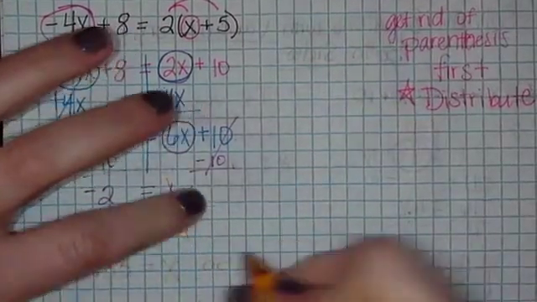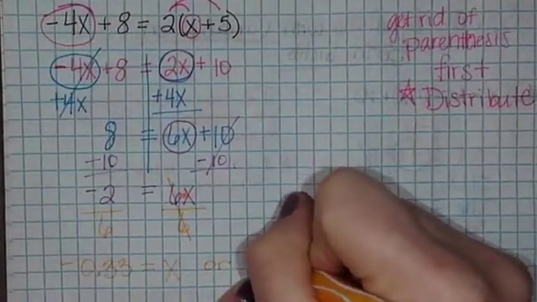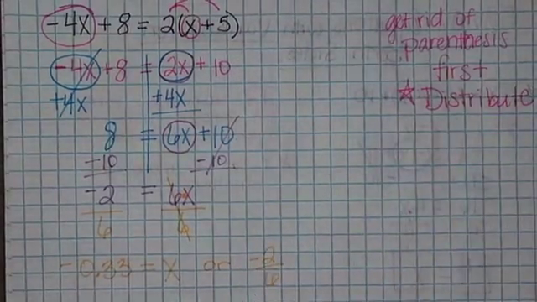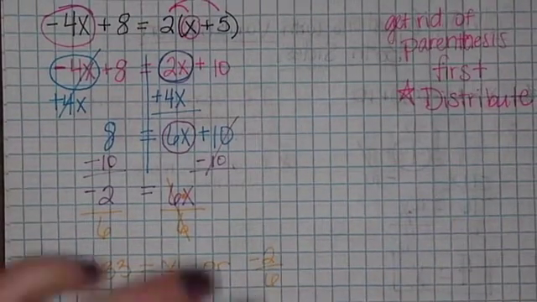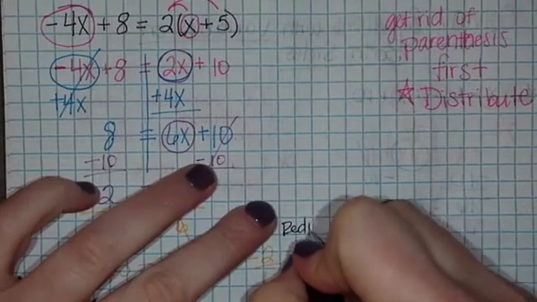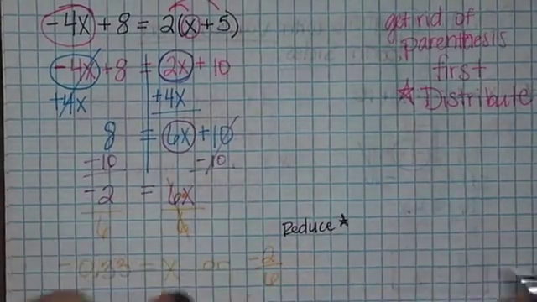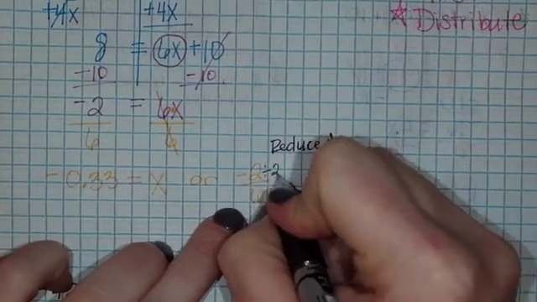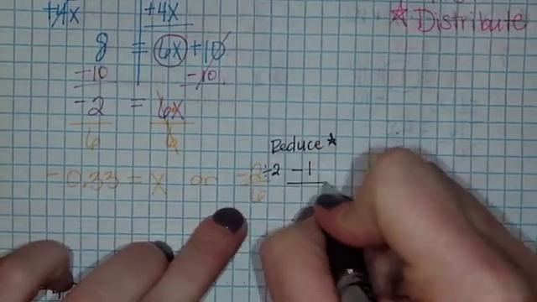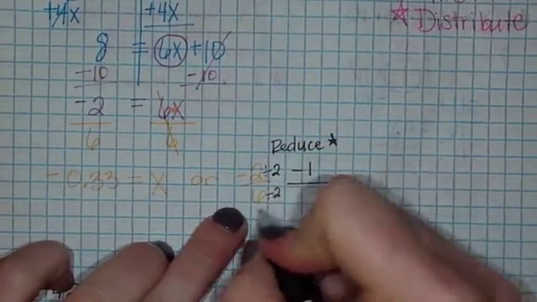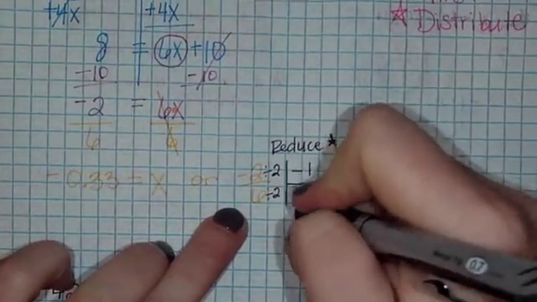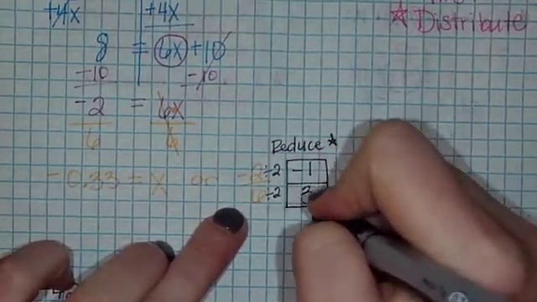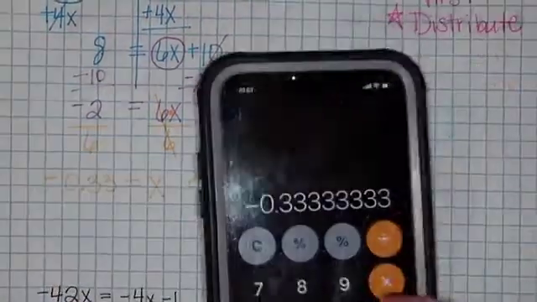Or, if we have negative 2 over 6, we need to reduce that. So remember, 2 goes into both of those. Negative 2 divided by 2 is negative 1. 6 divided by 2 is 3. So negative 1/3.